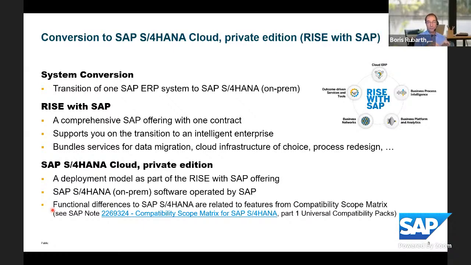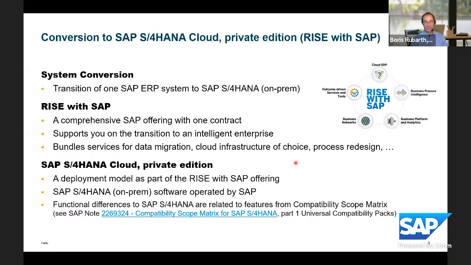And now the difference between S/4HANA on-premise and the S/4HANA Cloud Private Edition is only concerning some of those compatibility scope metrics items that may not be fully supported in SAP S/4HANA Cloud Private Edition. That's one difference. And of course, we will talk about the other rather technical differences here in this session.